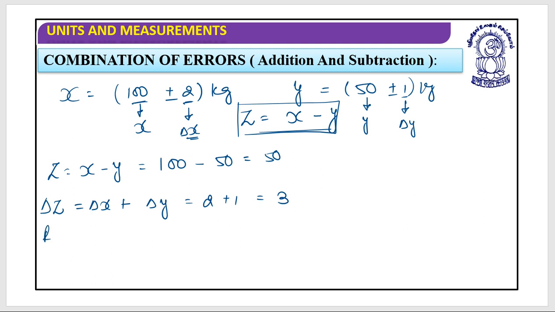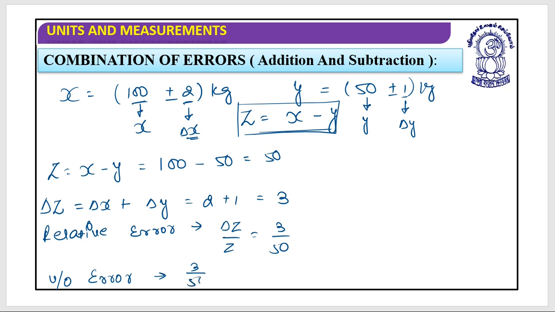What is the relative error? It's delta z by z, which is 3 by 50. What is the percentage error? It's 3 by 50 multiplied by 100, so it's 6 percent. Now, will you be able to solve it? Do practice a lot of questions based on addition and subtraction.